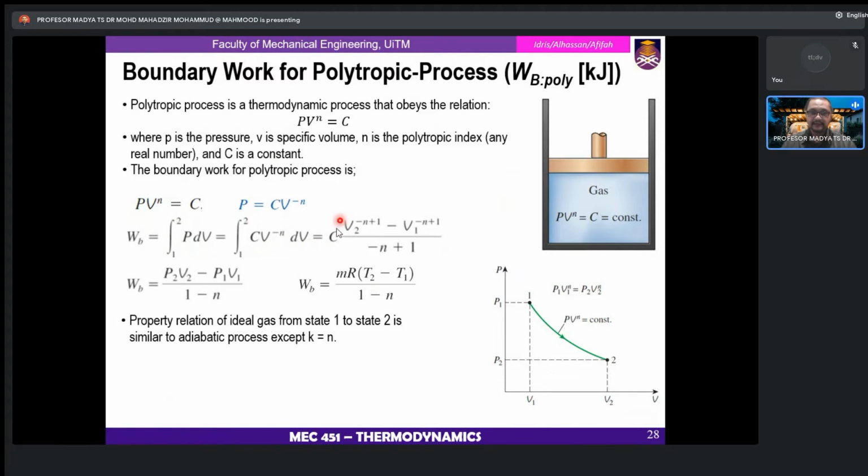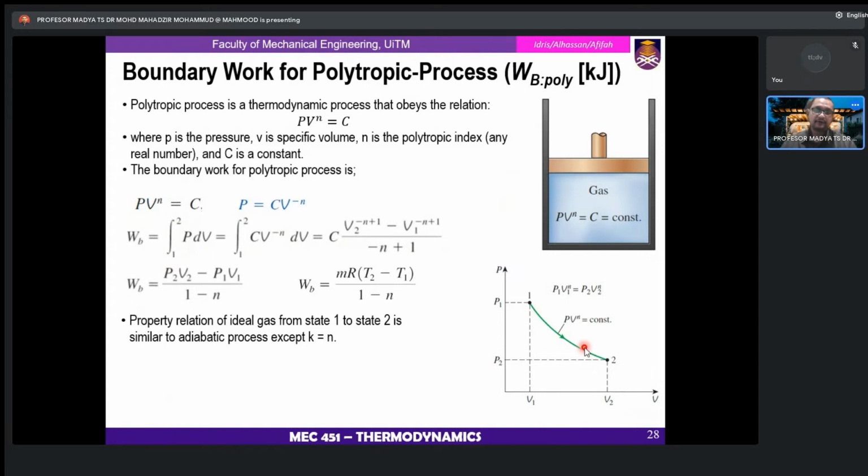You integrate this equation and simplify, and lastly it gives this answer, the work formula for the polytropic process. And if you look at the PV diagram, the path also has a curved line.